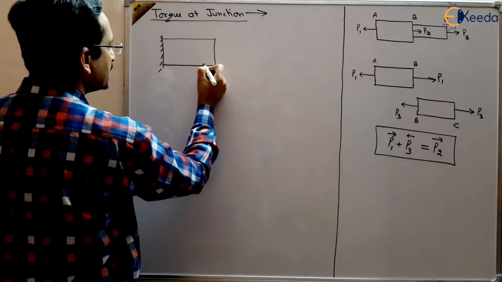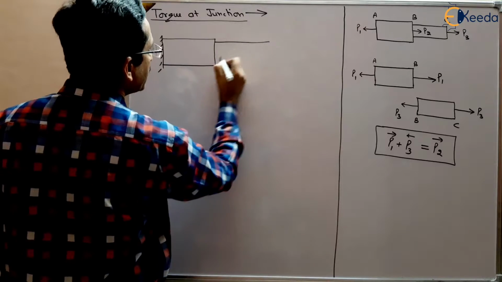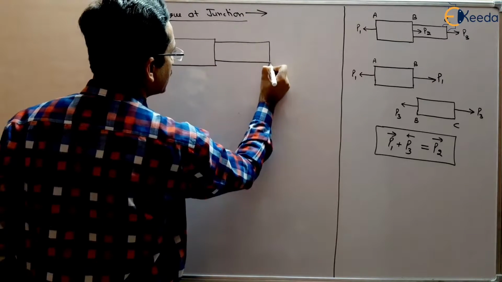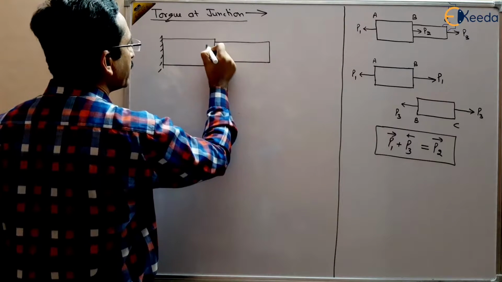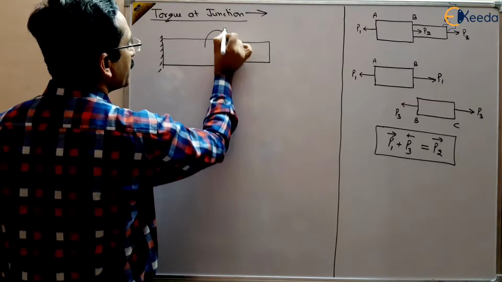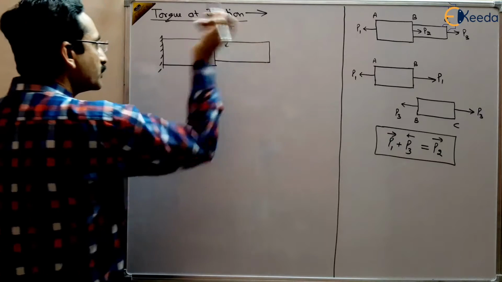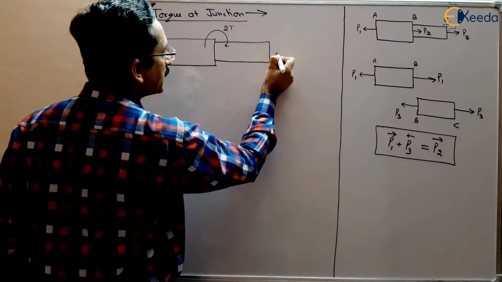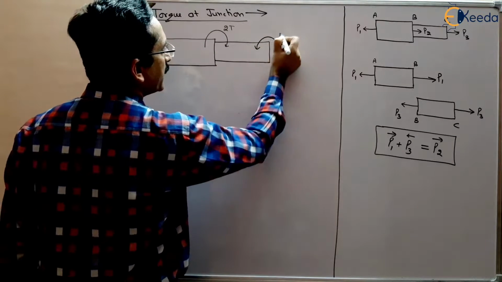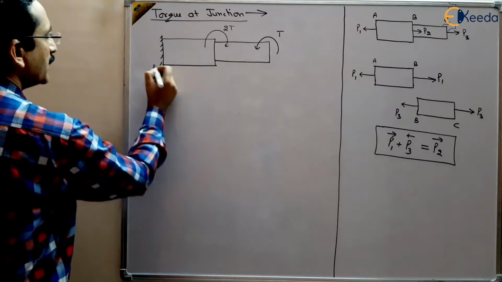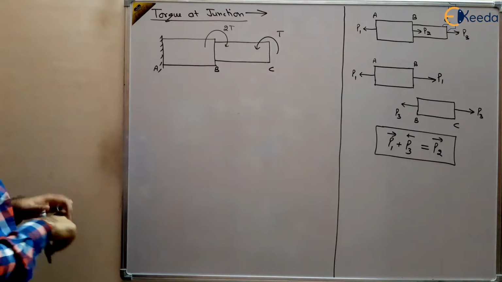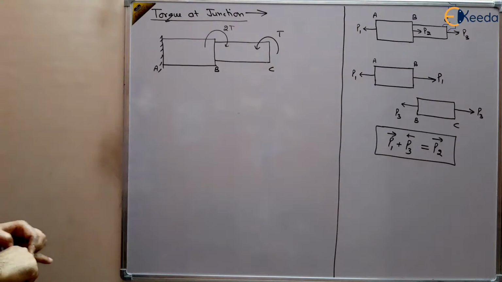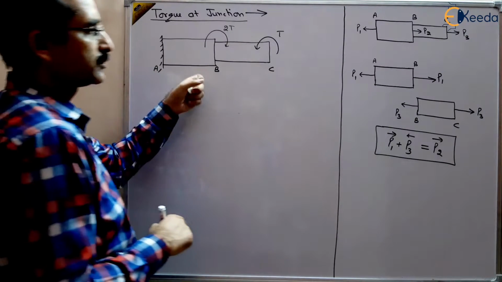Suppose this is one part of the shaft, and there is another part of the shaft. Some torque is applied at the intermediate point, say 2T, and at this end we have applied T torque, and this is A, B, C, right? And we want to find out the total angle of twist.